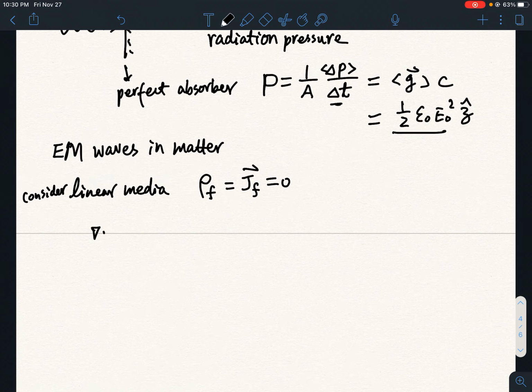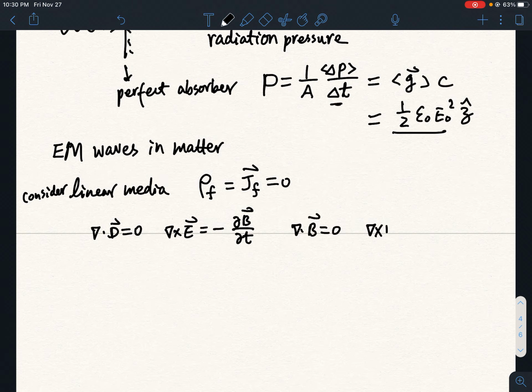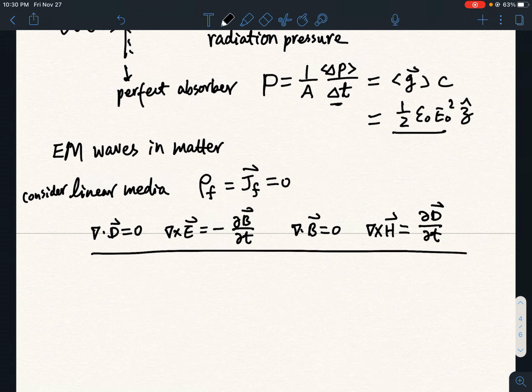From there, we can write down Maxwell's equations, which are like this: del cross E equals minus partial B over partial t, del dot B equals 0, and del cross H equals partial D over partial t. These are the equations in matter with no free charge and no free current.